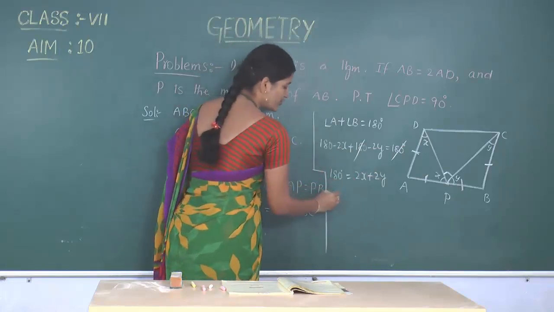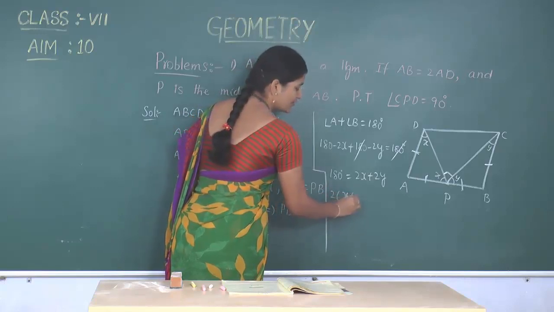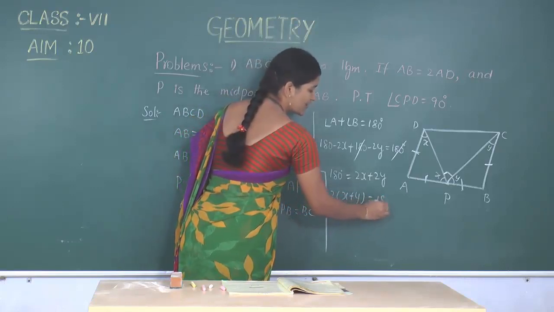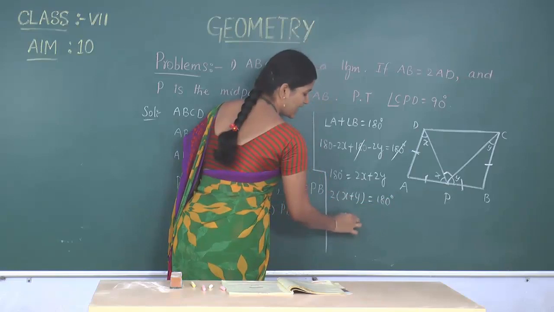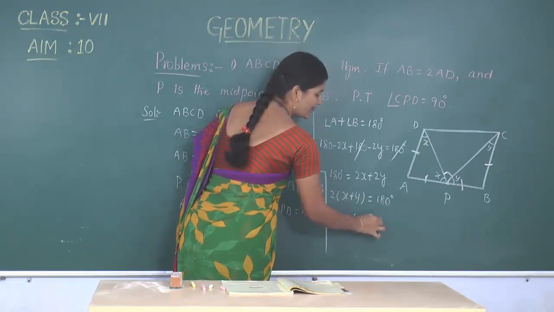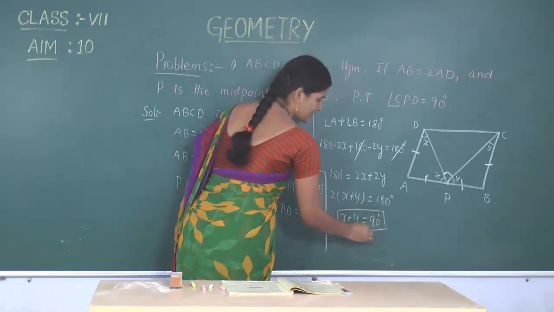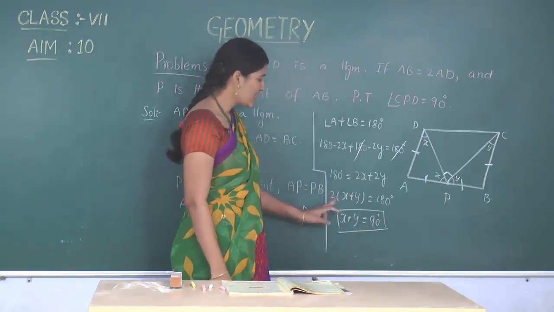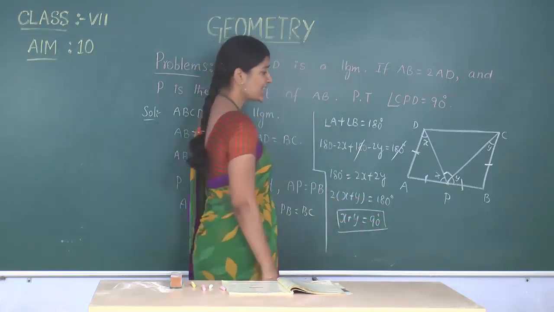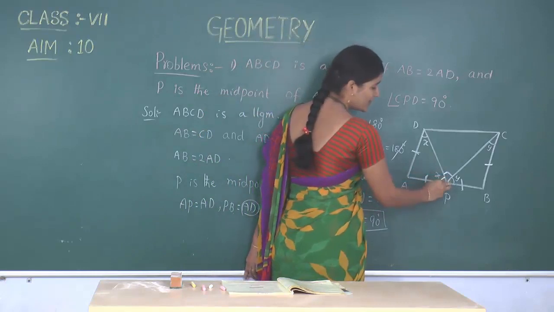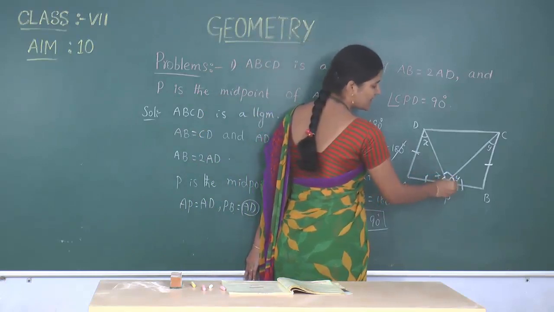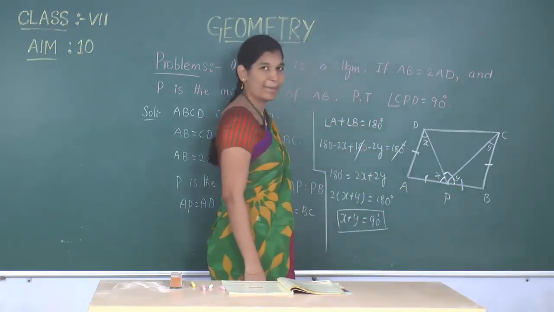Now let me common 2 here. 2 into x plus y is equal to 180 degrees, x plus y is equal to 90 degrees. What is x plus y? If you add this angle and this angle, definitely it will be 90 degrees.